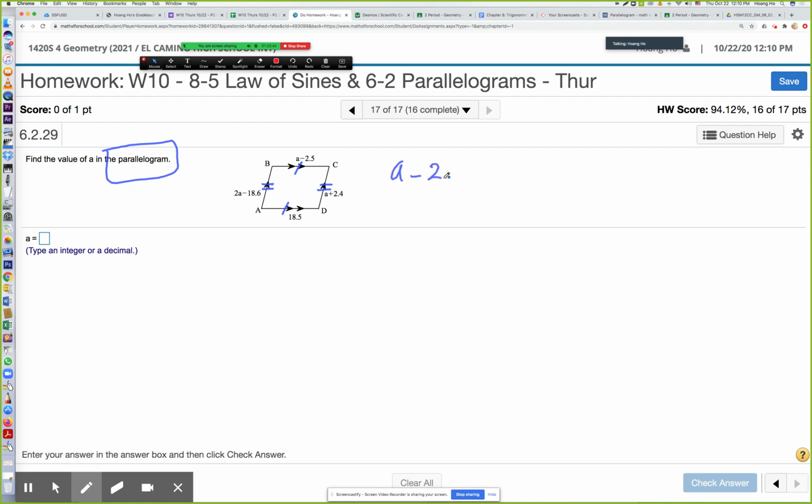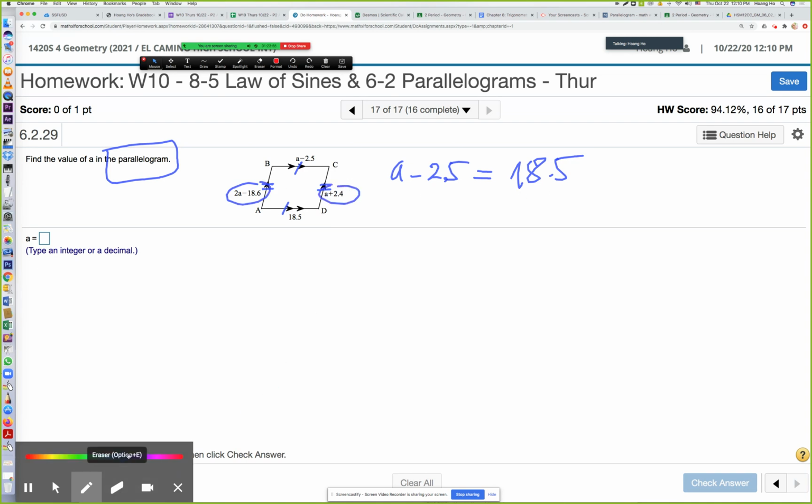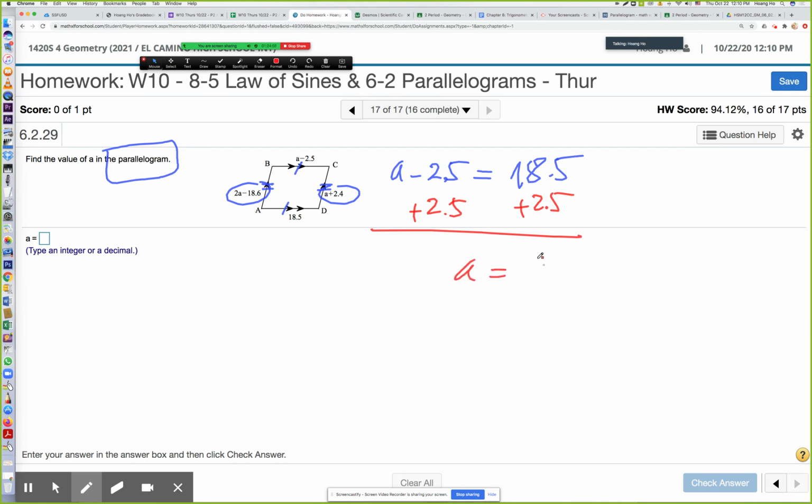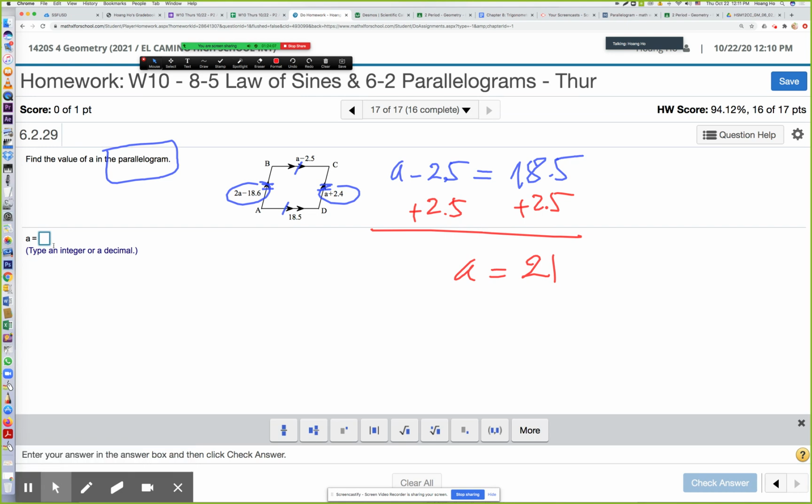A subtract 2.5 equal 18.5. Very simple equation. You can set up AB and CD, but the value there is more complicated. So I do what's best for me. Then I just add 2.5 on both sides. So I come down to A equal, is that 21? So the answer is A equals 21.